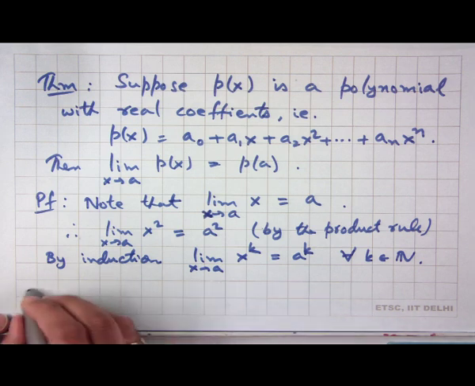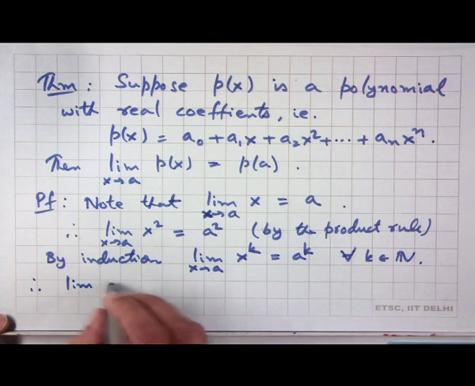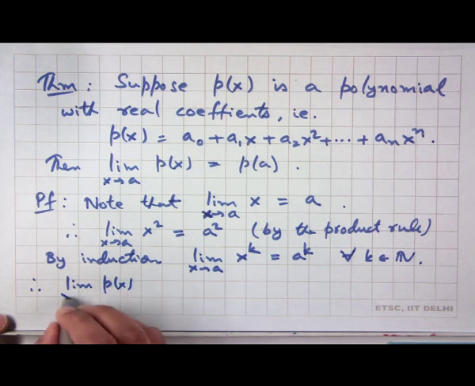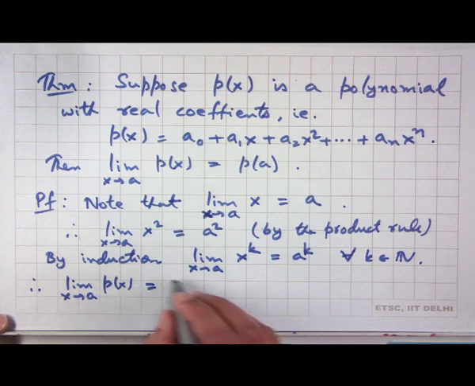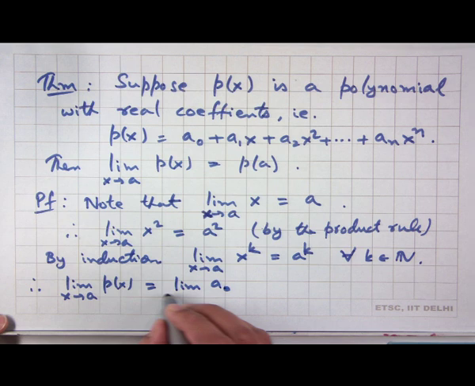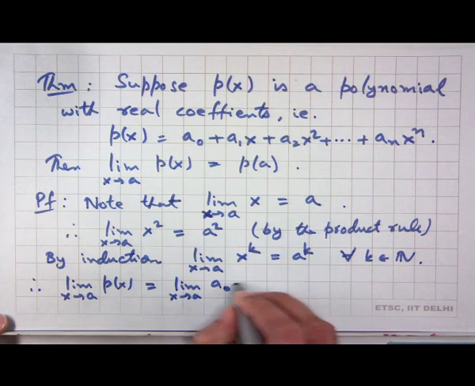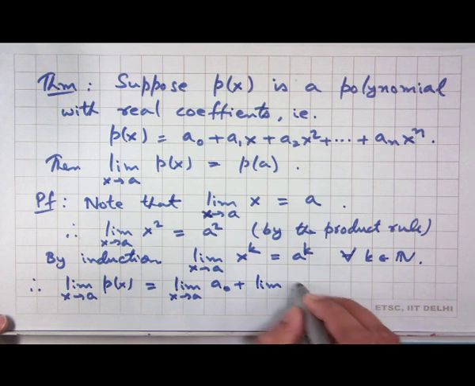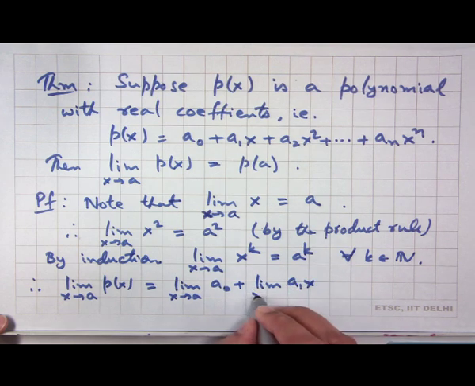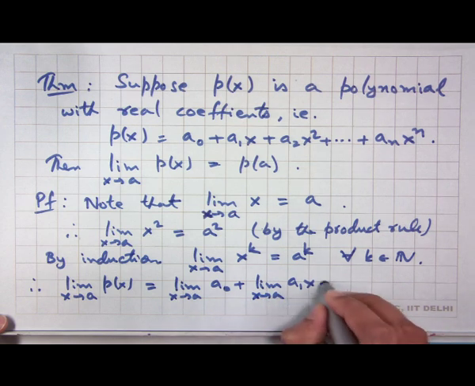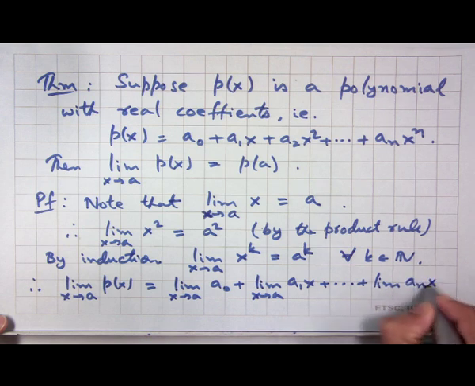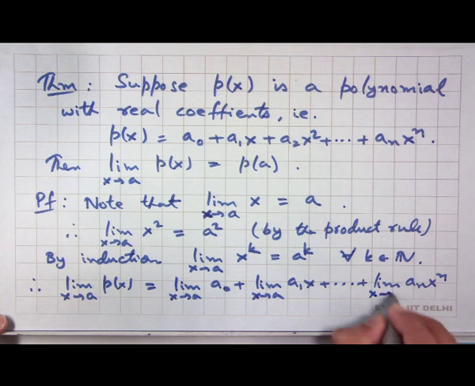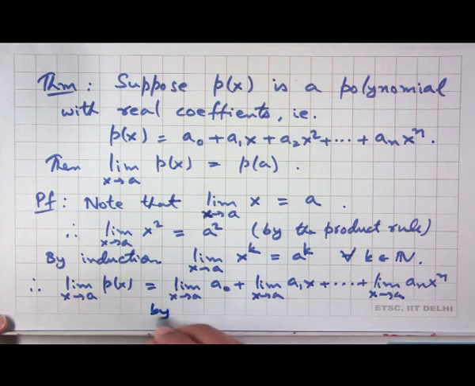So, therefore, the limit of p of x as x goes to a, I can write as limit of a 0 plus limit of a 1 times x and so on up to limit of a n times x to the n as x goes to a. This is by the sum rule.